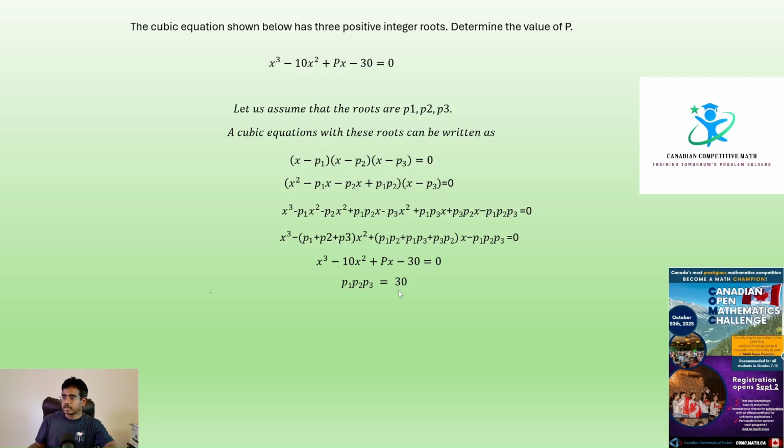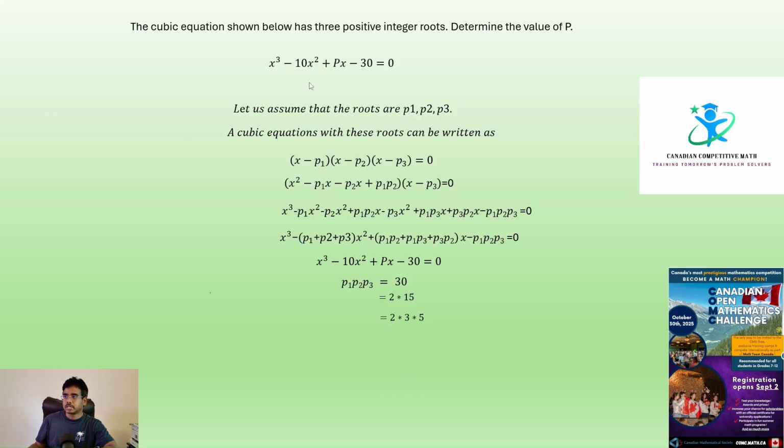So this product 30 should be able to be written as a product of three integers. We can write 30 as 2 times 15, and 15 we write as 3 times 5.